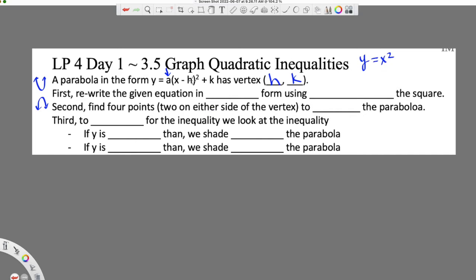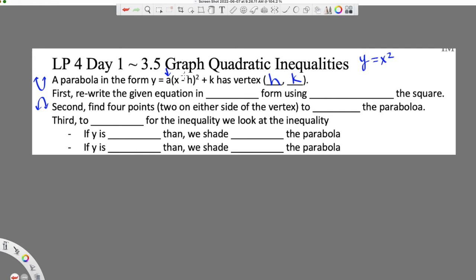And then once you start adding and subtracting inside of the parentheses with the x squared, you're moving it. I believe this is the horizontal movement. I hope I'm not saying that wrong, but this one is going to move it right or left, and then adding or subtracting outside of the x squared, that's going to move your graph up or down.